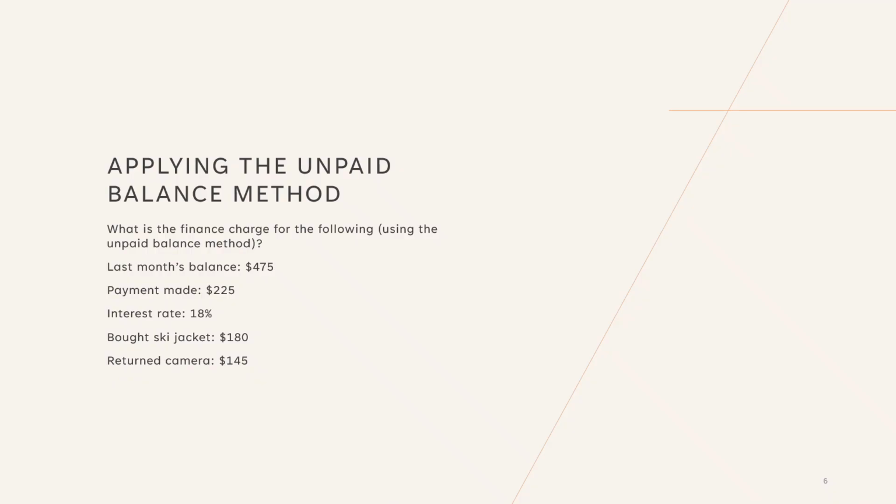Okay, unpaid balance. Let's see. We have last month's balance of $475. We need to find the interest on that. So that's going to be 475 times our annual rate of 0.18 times the number of years that we are going to be getting that interest rate.